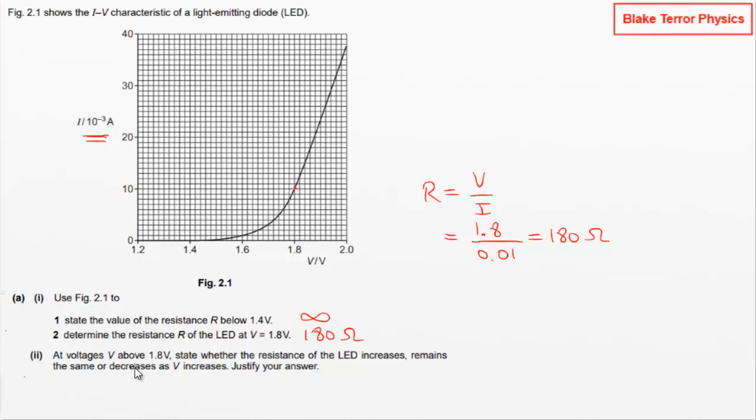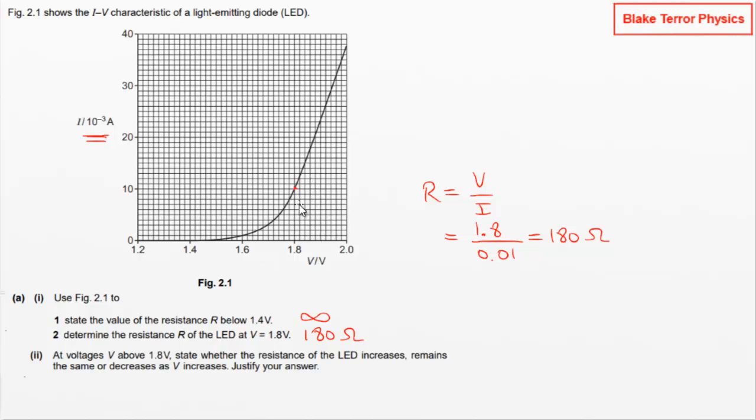At voltages V above 1.8 volts, state whether the resistance of the LED increases, remains the same, or decreases as V increases. Justify your answer, right? Sometimes people get caught out with this because they're so busy thinking of ohmic conductors that they're looking at the gradient, then saying, oh yeah, well the gradient hasn't changed. But that isn't what's mattering here because it's non-ohmic.